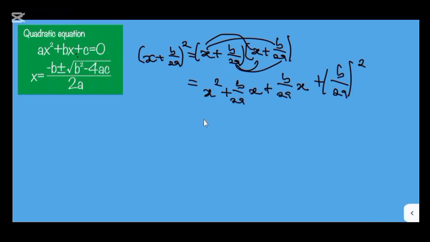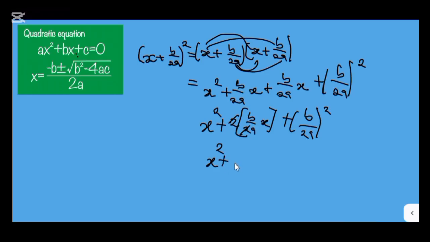That's what it means. So this is x squared plus b over 2a x plus b over 2a x, which is going to give you 2 of b over 2a x, then plus b over 2a all squared. You see, these two, we cancel these two. It brings you back to what we have before as x squared plus b over a x plus b over 2a all squared.